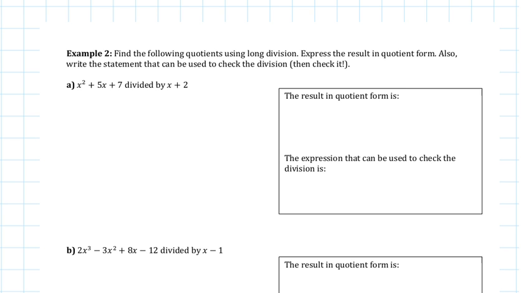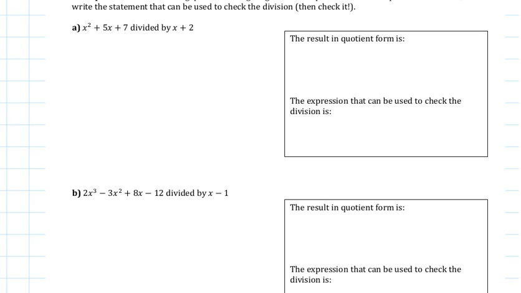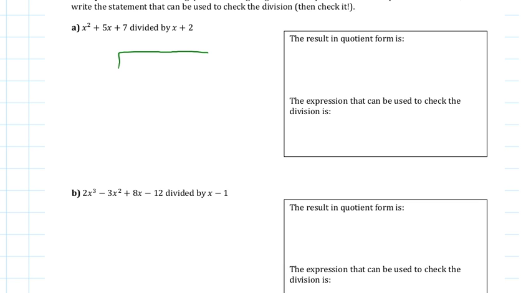Okay, so let's look at the following examples and see how we can divide the polynomial by the binomial. The dividend is x squared plus 5x plus 7, and we're dividing by x plus 2.